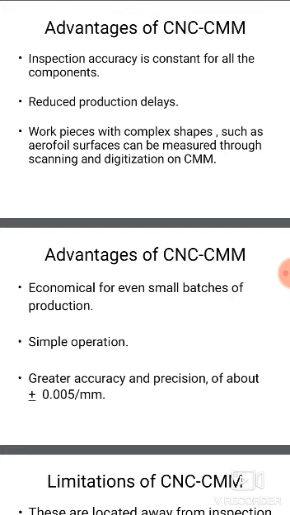Next, improved productivity. Productivity is also very high. Reduced operator errors. So there are no errors in operations. These are the different types of advantages of CMM. Economical even for small batches, so they also can use this machine.